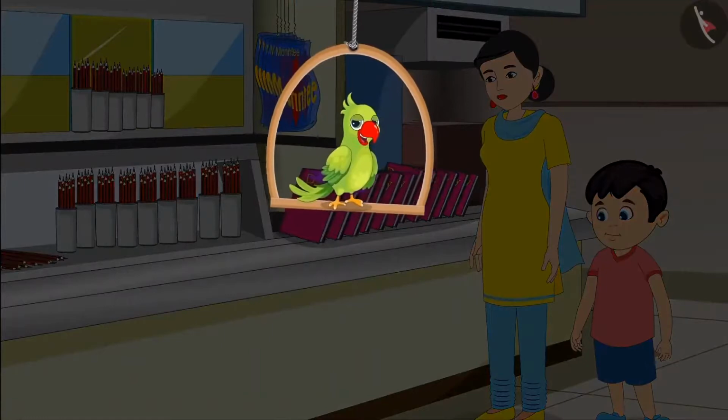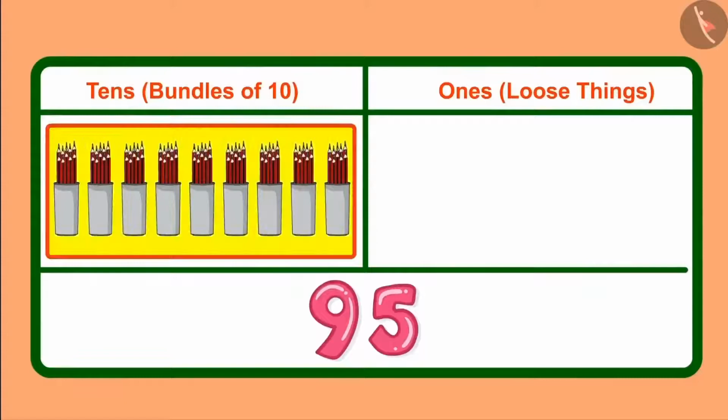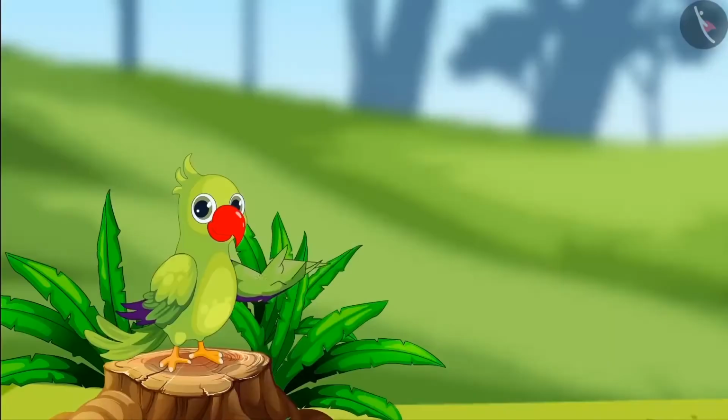So children, you saw how Chotu used bundles and loose pencils to give 95 pencils. He gave 9 bundles of 10 pencils to his mother, which means 9 tens, and together 5 loose pencils, which means 5 ones.